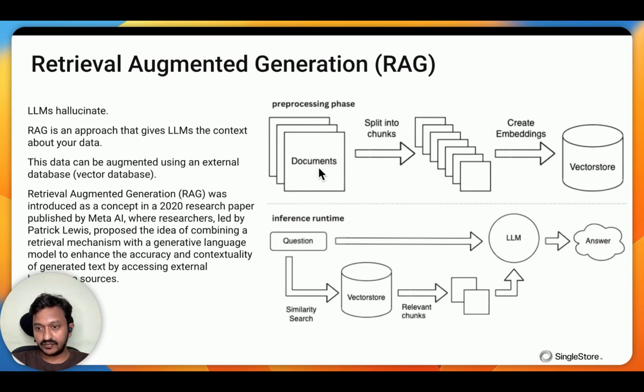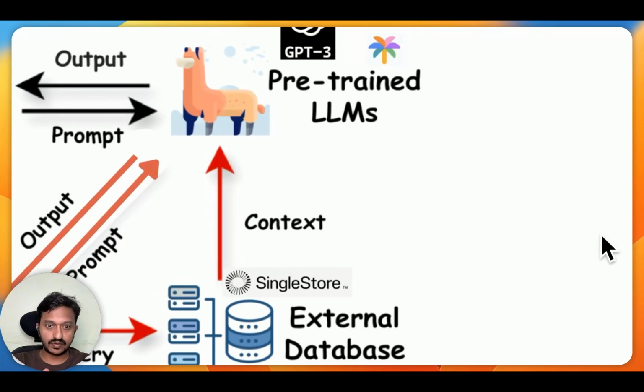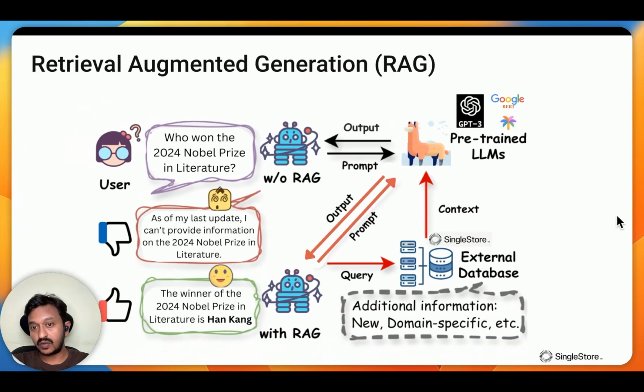So that's about RAG. We understood a lot about RAG. So why is RAG required? To give contextually relevant responses back to the user. As you can see here, if you ask a question, who won the 2024 Nobel Prize in Literature? The pre-trained large language model will say, hey, as of my last update, I can't provide information about who won the Nobel Prize in Literature.